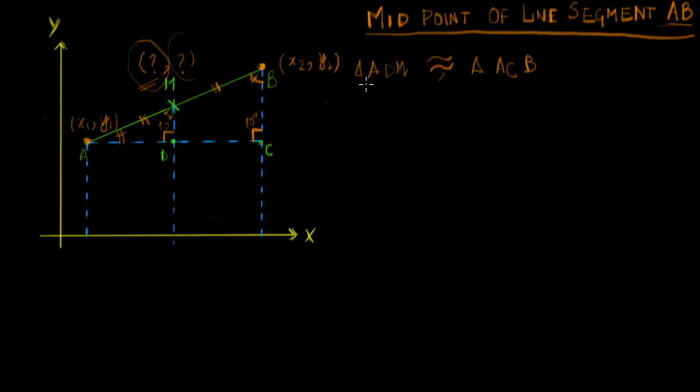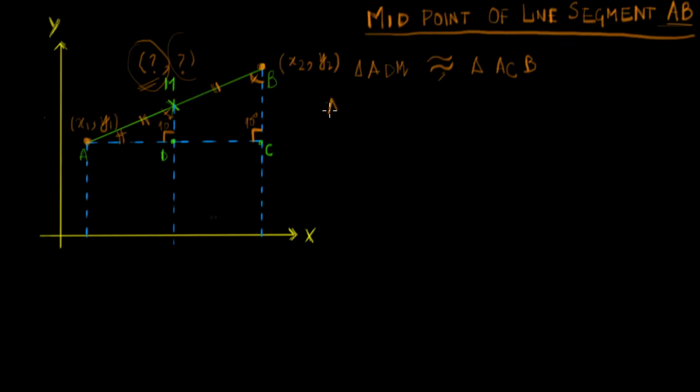And when I say they are similar, that means their sides are in equal proportion. So we know that AM is half of AB because M lies in the middle of AB. Therefore, AD must be half of AC. And by the same logic, DM must be half of BC. Let me write that down.